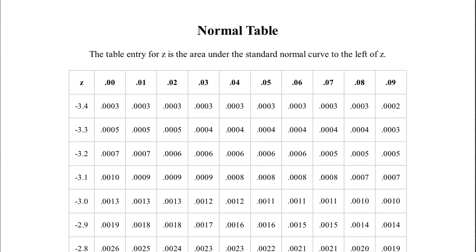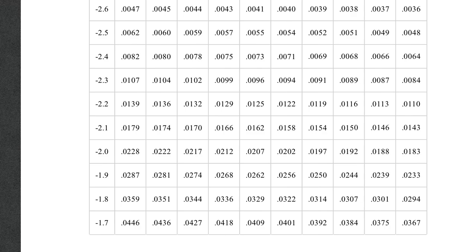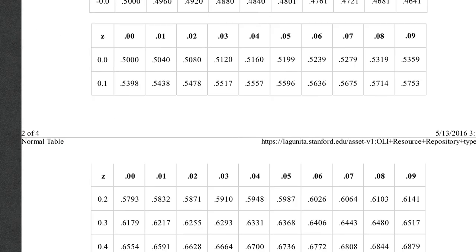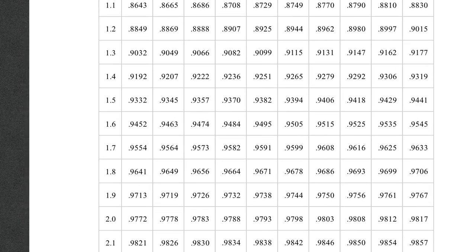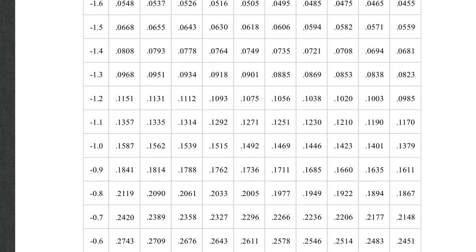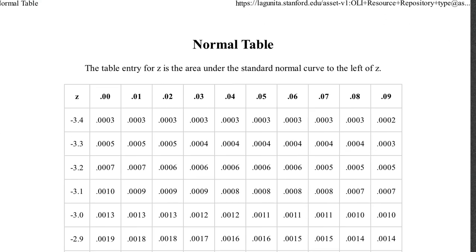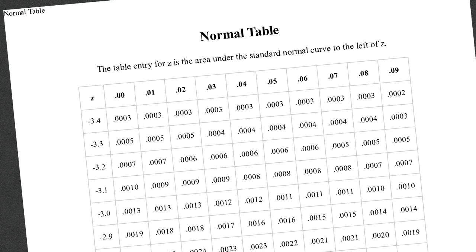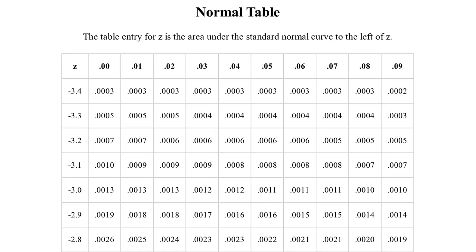This is a typical normal table. The normal table consists of the negative z-scores and positive z-scores, and usually a normal table accompanies a graph with a disclaimer. In this case, it says that the table entry for z is the area under the normal curve to the left of z only.